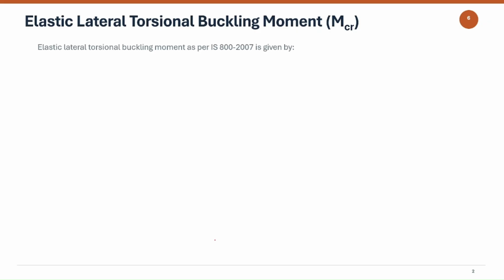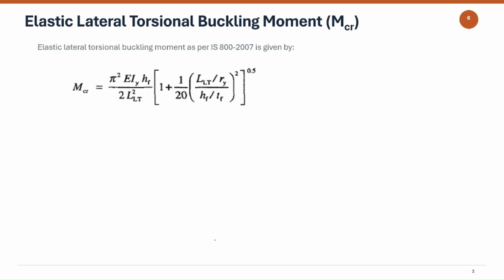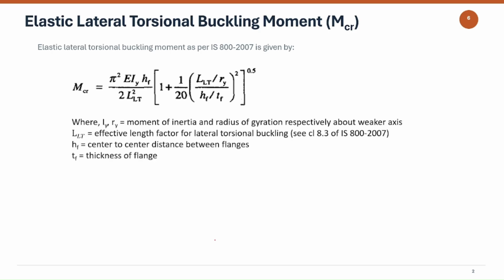The elastic lateral torsional buckling moment as per IS 800 2007 is given by this formula. Again, there are many parameters. Iy and ry are the moment of inertia and radius of gyration respectively about the weaker axis or the minor axis. LLT is the effective length for lateral torsional buckling. hf is the center to center distance between flanges.